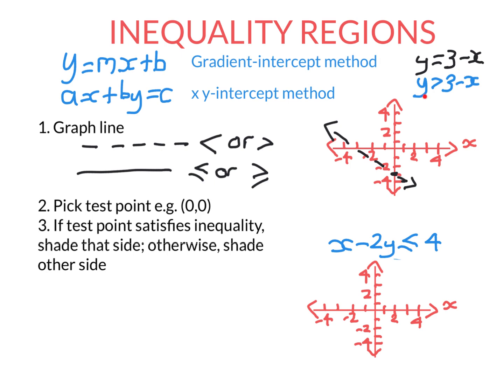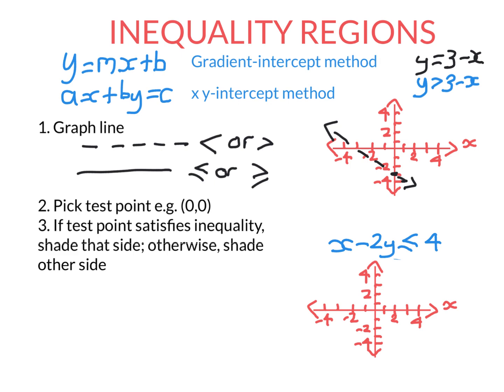To graph the region here, we now need to pick a test point. That test point cannot lie on the line. So 0, 0 is a good test point. You can always pick it as long as it does not lie on the line. So 0, 0 is here. Clearly it doesn't lie on the line. I'm going to substitute x for 0 and y for 0 into the inequality.